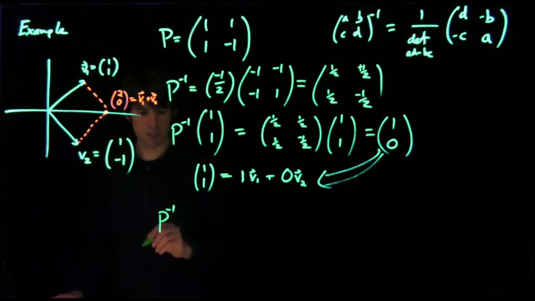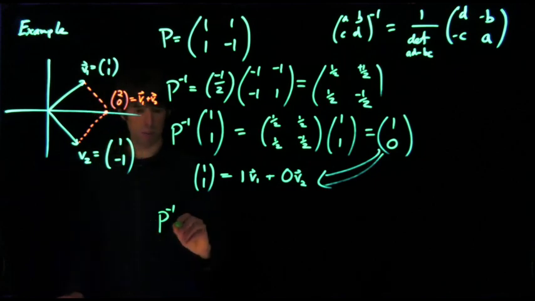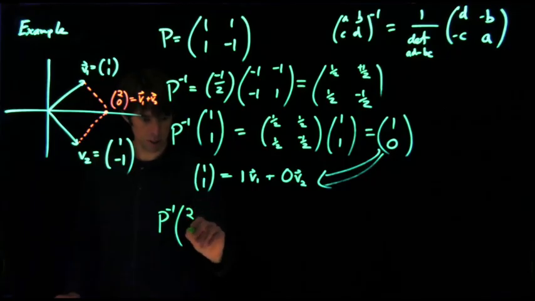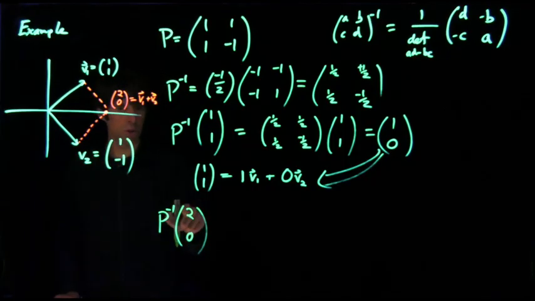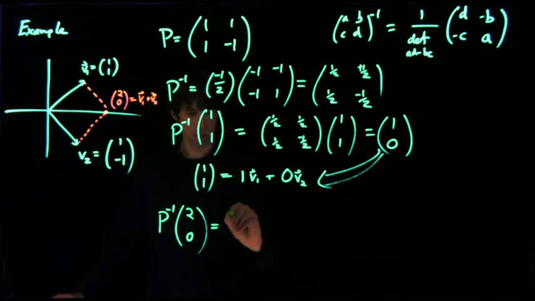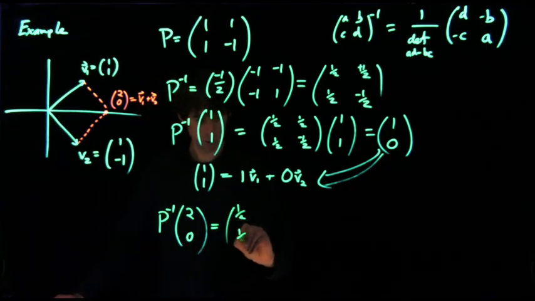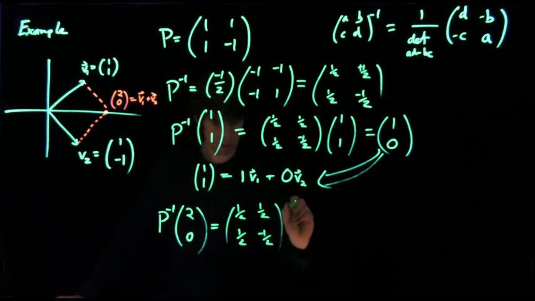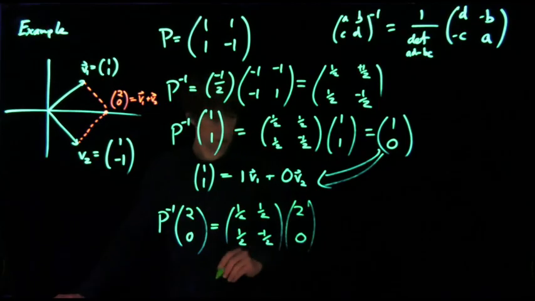So P inverse takes as input a representation in the standard basis. So we'll take this point, 2, 0: 2 times the x standard basis vector and 0 times the y standard basis vector. And let's multiply it out. So this is 1/2, 1/2, 1/2 and minus 1/2 times 2, 0.